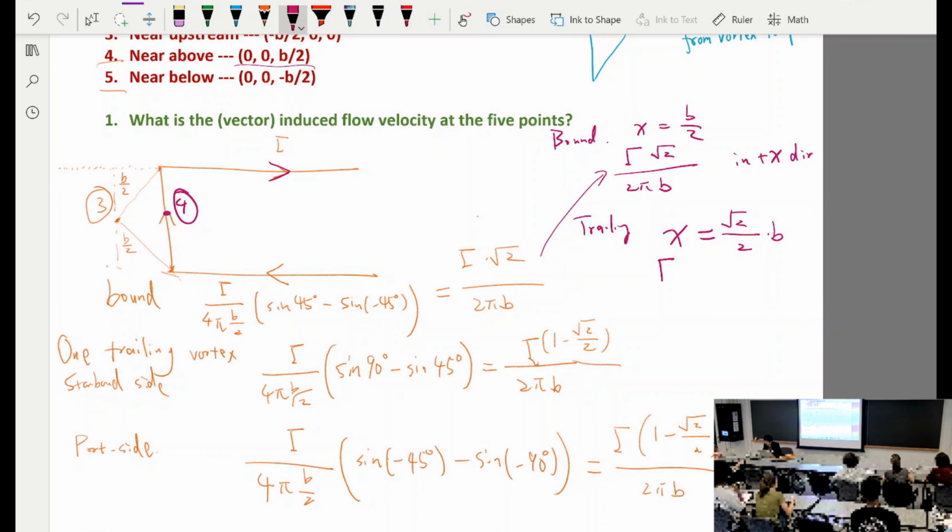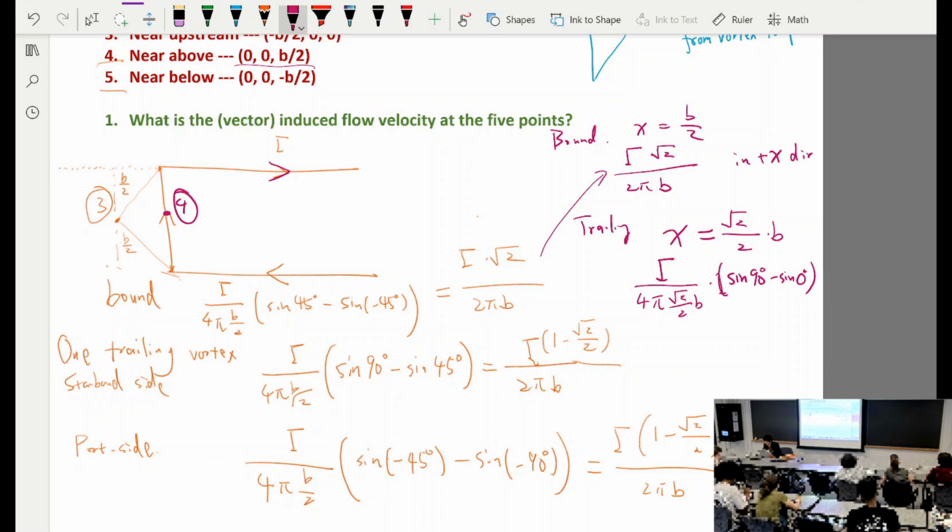So the effect is gamma over 4 pi times square root of 2 over 2b times 1, that's sine 90 minus sine 0.